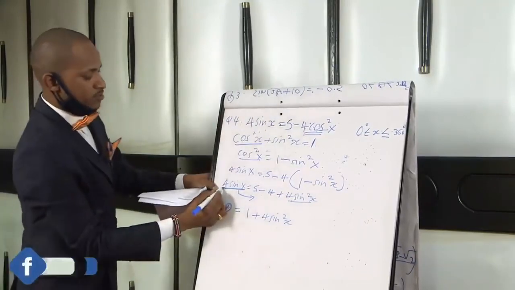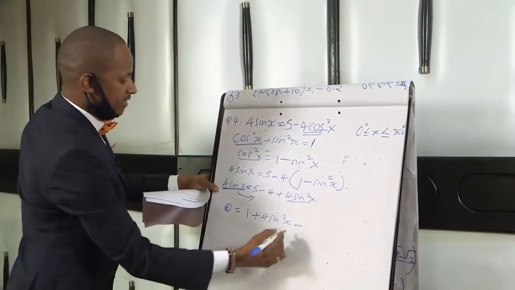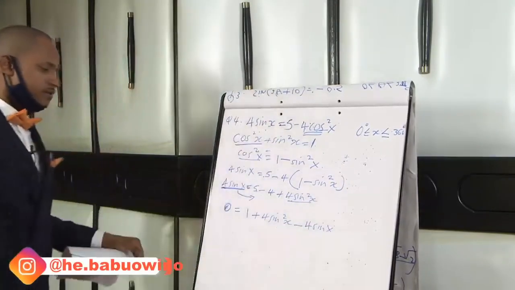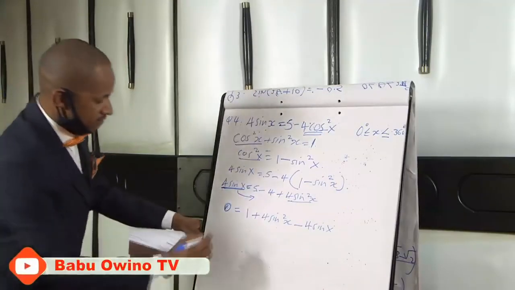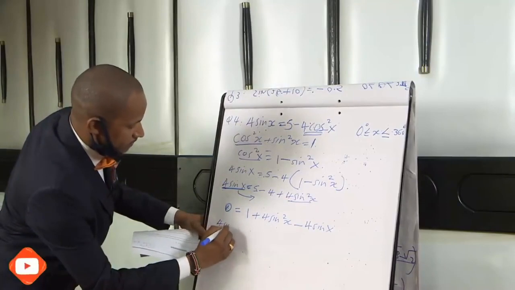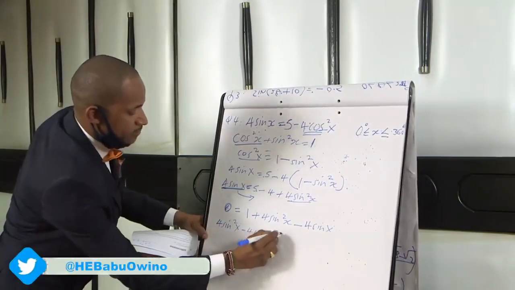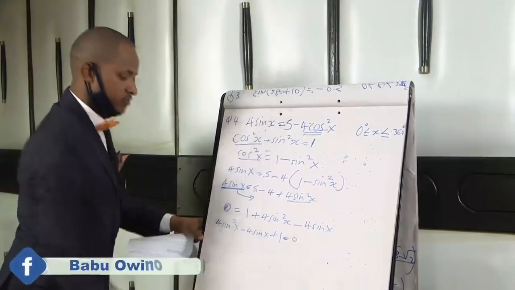Then remember we've brought this to the other side, so when it crosses the equal sign, it becomes negative 4 sine x. So when we rearrange this mathematically, just to make it look neat, you say 4 sine squared x minus 4 sine x plus 1 equals 0.